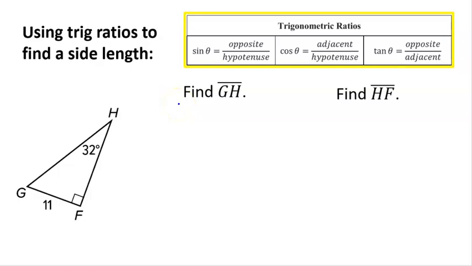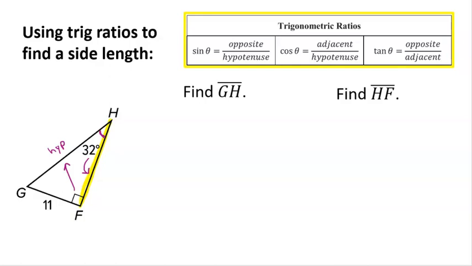Alrighty, let's try another example. So let's go ahead and start with HF. And so if I'm looking at 32, that's going to be my adjacent angle. Remember, this is always going to be our hypotenuse. And so with this, we have our opposite side over our adjacent side.